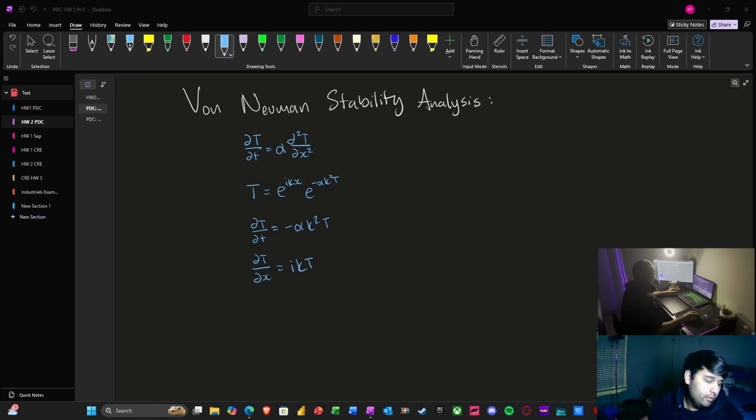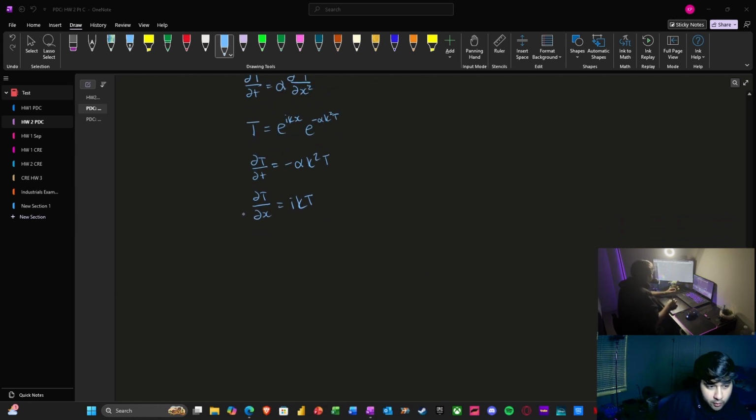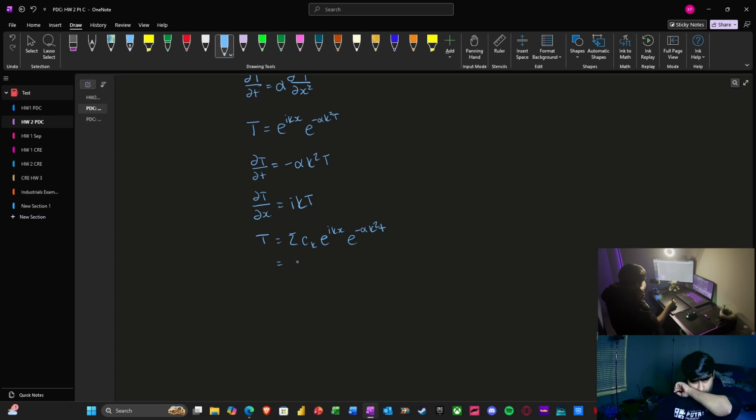So next, after this, we want to look at our temperature once again, except this time we're going to be looking at the summation of it. So we're going to take our Ck value times e to the ikx, and then this is multiplied by our e to the negative alpha k squared t, and then basically we're just going to sum this up, basically the same thing.